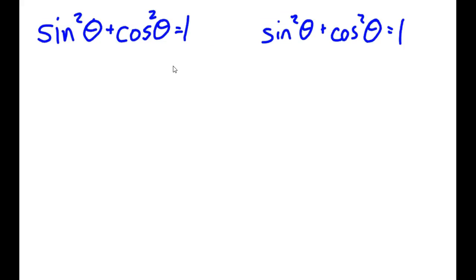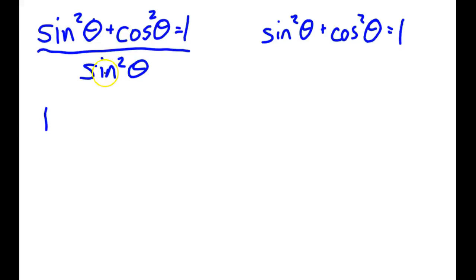Next, we're going to briefly talk about where the other two Pythagorean identities come from by starting with the main Pythagorean identity. If I take sine squared theta plus cosine squared theta equal to 1 and divide that whole equation by sine squared theta, sine squared theta divided by sine squared theta is 1.